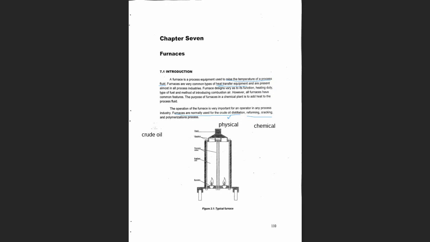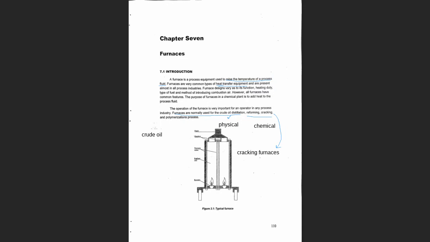Right. Can you give us an example of a furnace used in chemical reactions? The answer is yes. We have what is known as cracking furnaces. And in cracking furnaces, you will have, as an example, the process that I worked in previously.